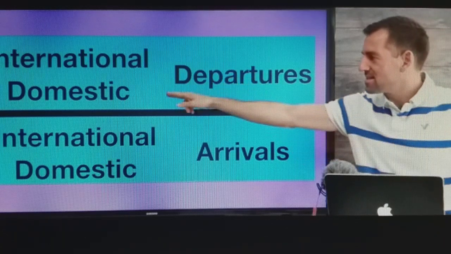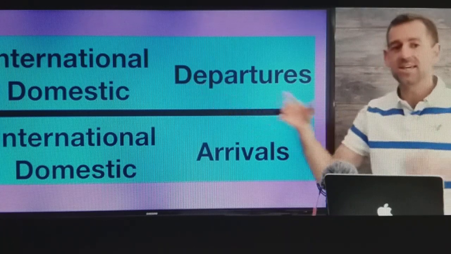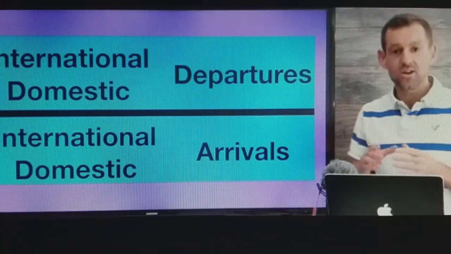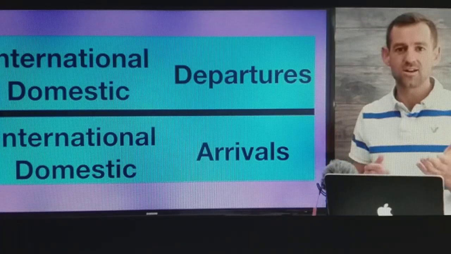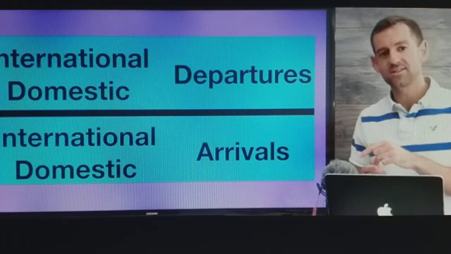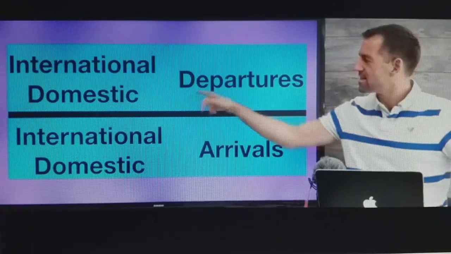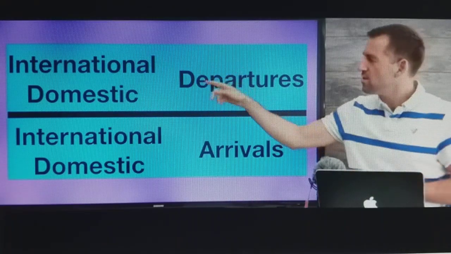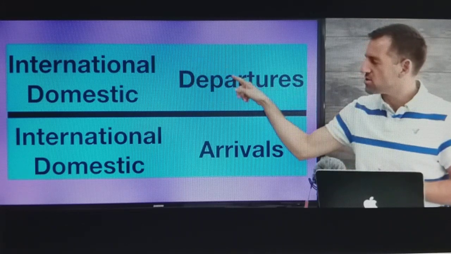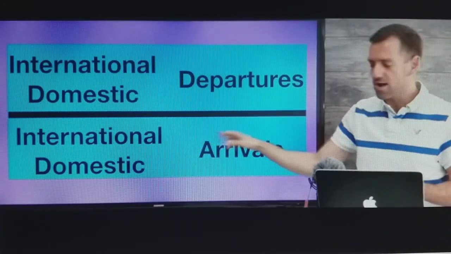The word domestic means inside the country. You're not leaving the country. So if you fly from New York to Los Angeles, you would go to domestic departures. But if you're flying to Germany or some other country, then you would go to international departures. And it's the same for arrivals.